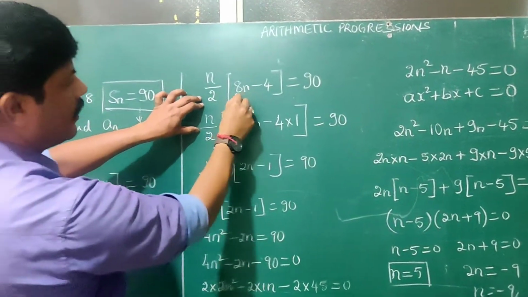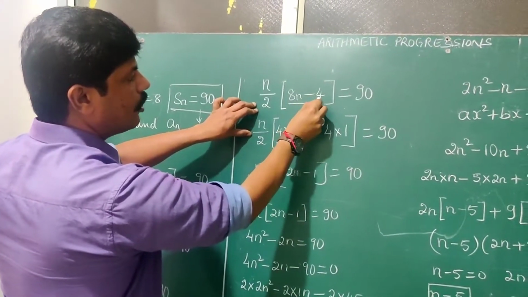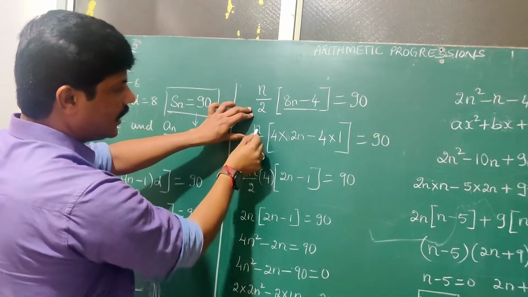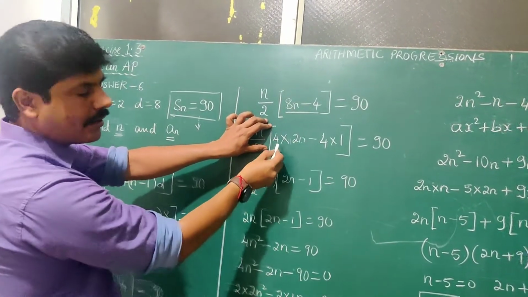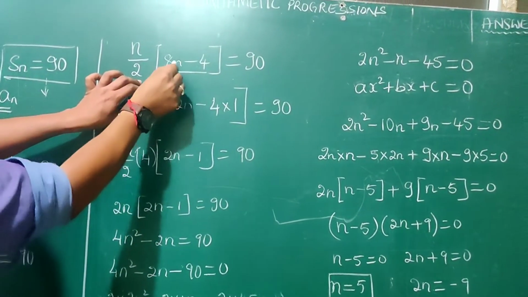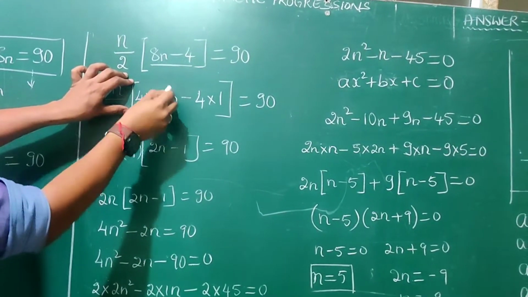Then in 8N minus 4, we have common factors here. We split first: N by 2 into 8N can be written as 4 into 2N, because 4 times 2N is 8N.